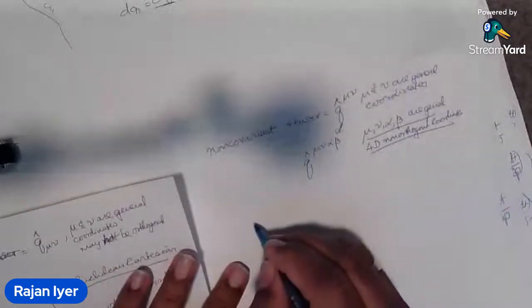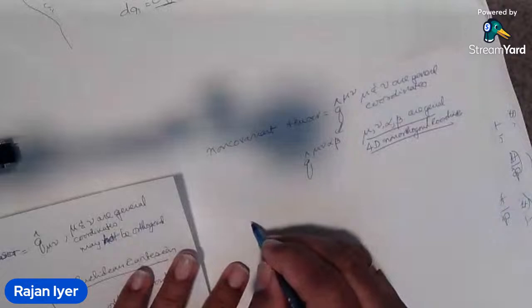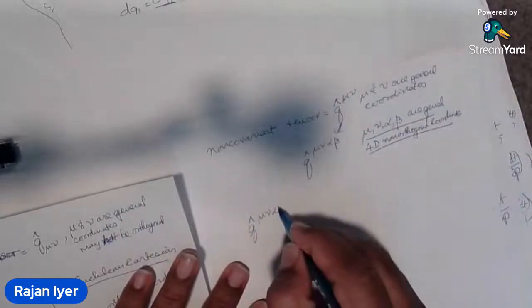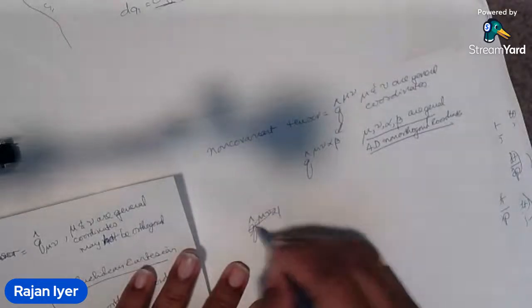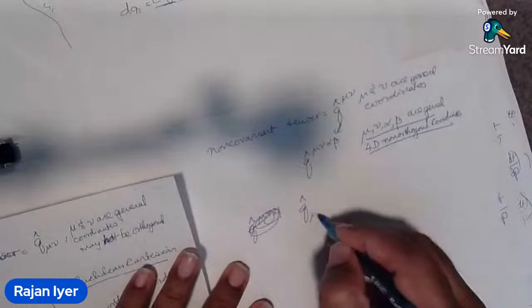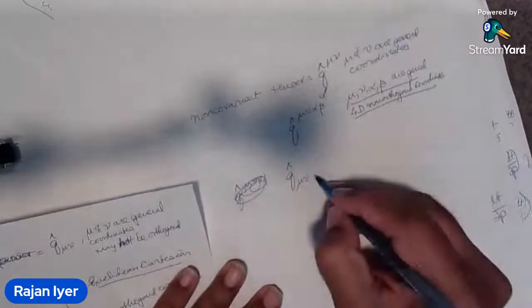And now I can write the connection to contravariant mu prime nu alpha beta. There is a lot of tensor calculus, and we are not going to go into all the details. We are skipping them, since we are doing applied physics more, so we don't worry too much.